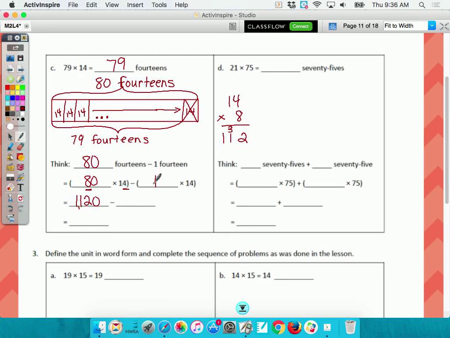And then what's 1 times 14? 14. So I have to subtract, and the only numbers I'm going to look at are 20 and 14. Do you see how I'm kind of chunking these? Yes. I can ignore the other two for right now. So what's 20 minus 14? 6. So 1,106. How do I write that?